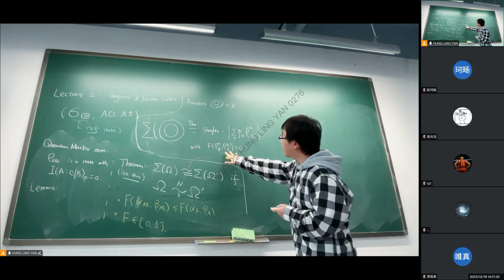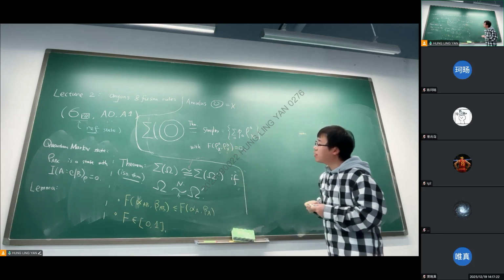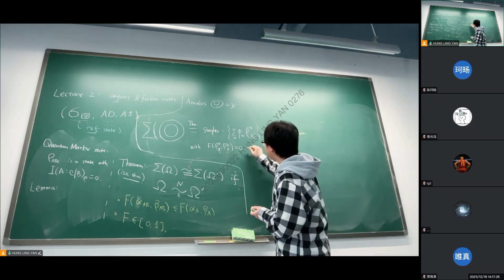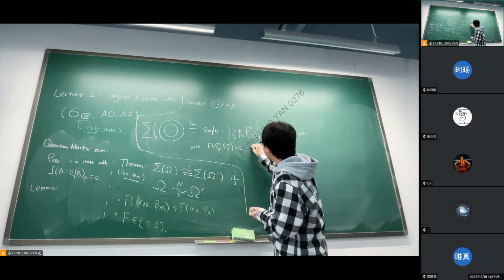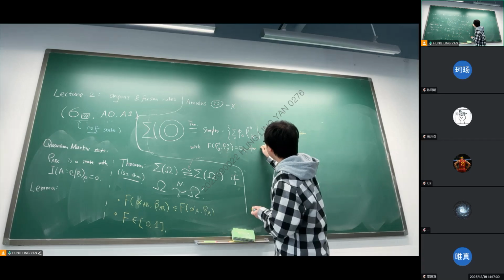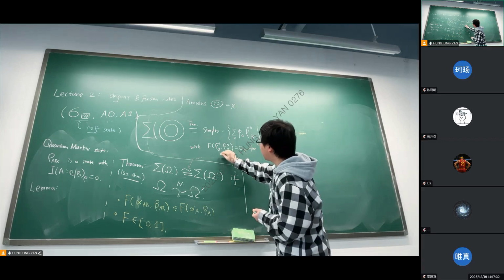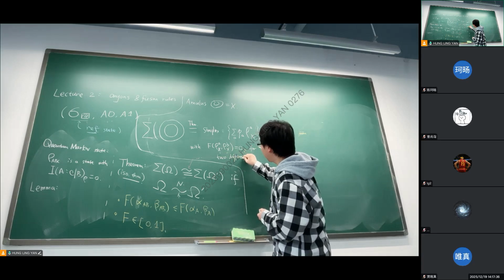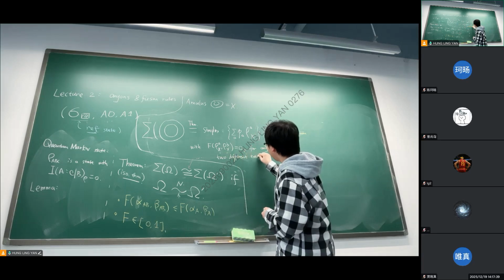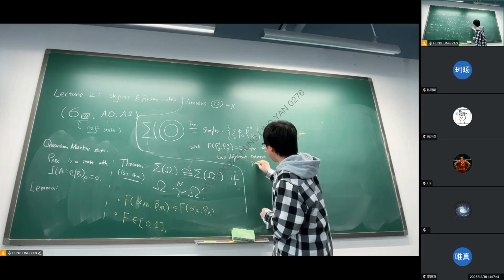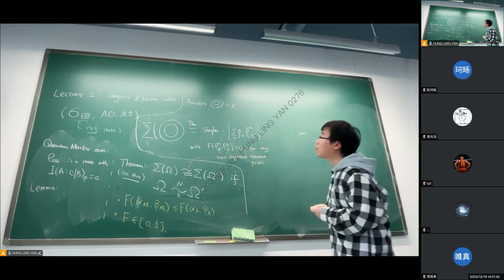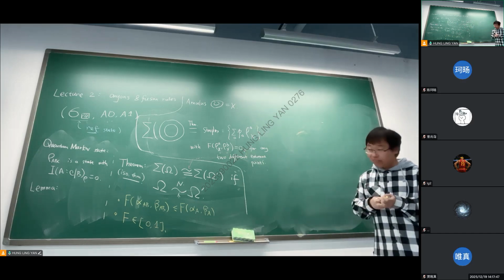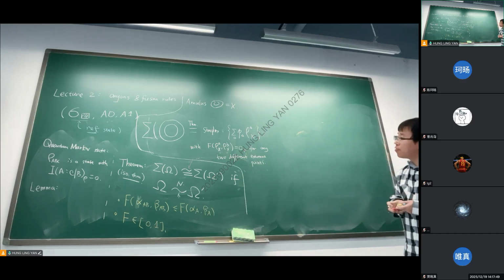It turns out we can show that for two extreme points, maybe two different extreme points, this is a very fundamental theorem.